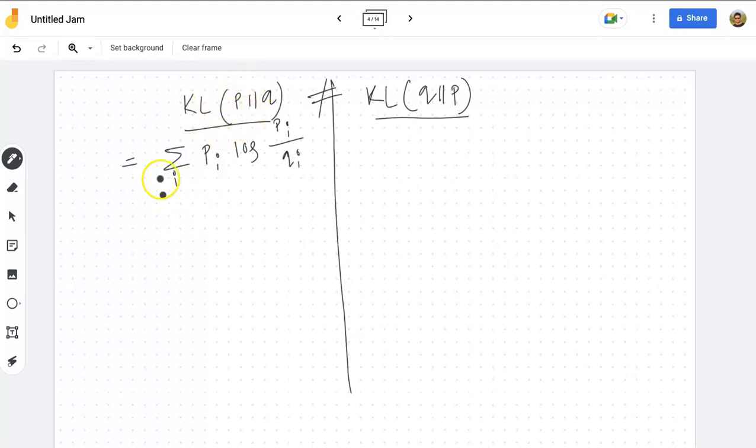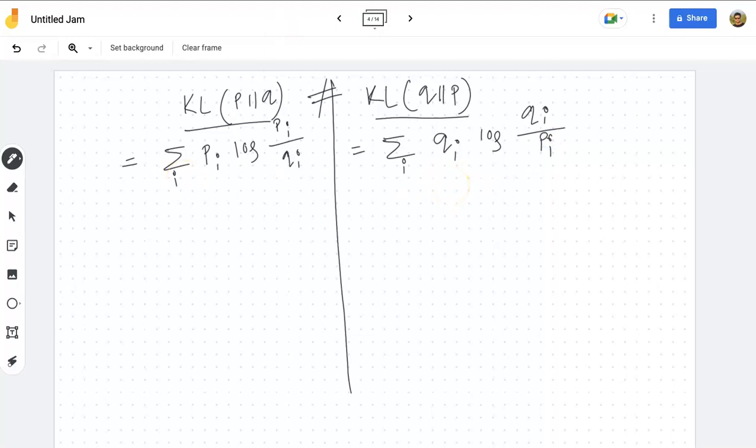If this is a distribution, we need to sum over all the points of the distribution. This is the KL divergence between P and Q. Similarly, for the opposite direction, between Q and P, it will be the summation over i of Qi log Qi over Pi.